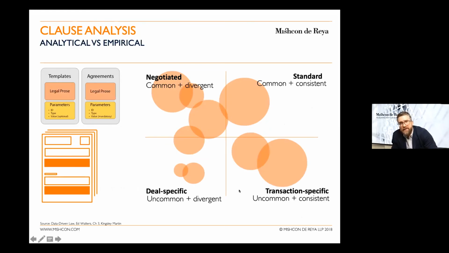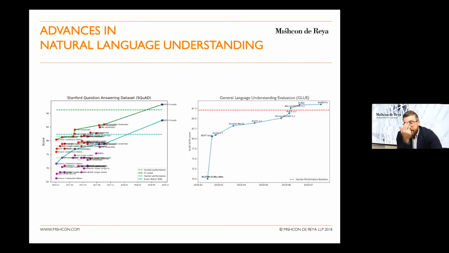And I guess the work we're doing at the moment is thinking, how do we identify, say we take a JCT contract over a period of time, how do we find the sets of clauses where they're commonly negotiated but divergent, versus commonly they stick to the template, they're common but consistent, versus ones that are transaction specific. And so we're doing quite a lot of work on the natural language side of contract analysis. And the interesting thing is that in the last 18 months, the models for natural language processing have improved dramatically.